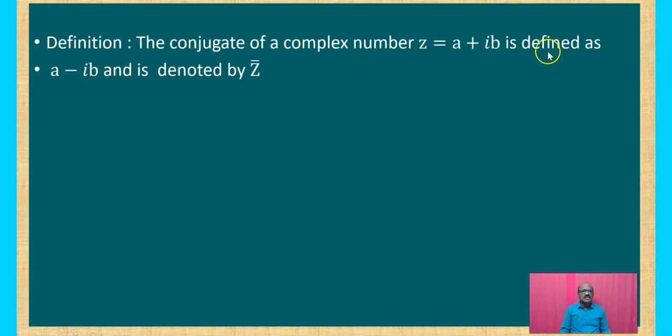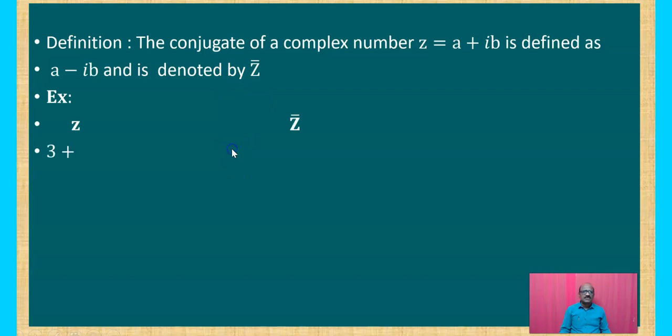We change only the sign of the imaginary part. If it is a plus, write it as a minus. If it is a minus, write it as a plus. The conjugate of z is a - ib, and it is denoted by z bar.